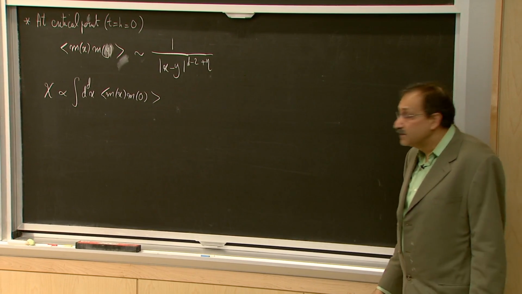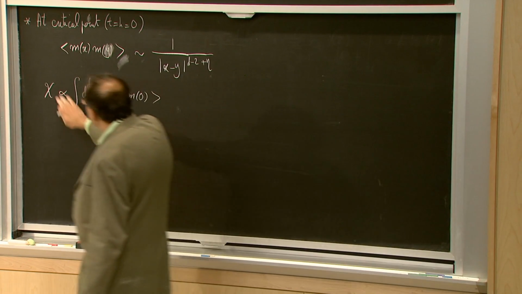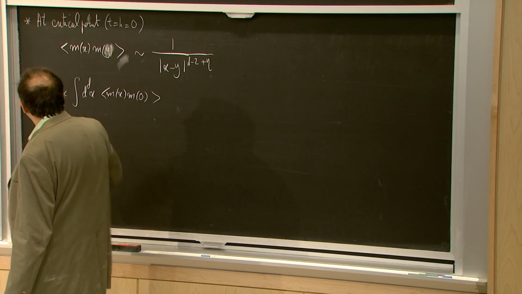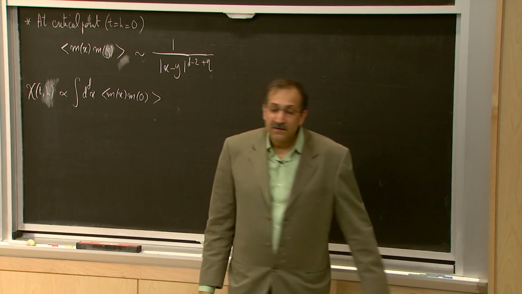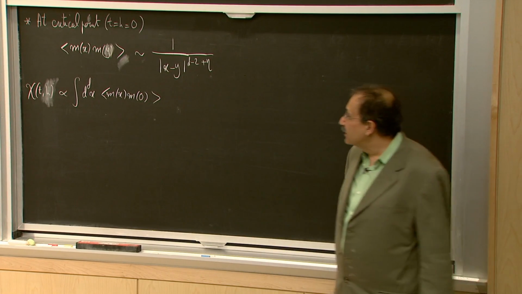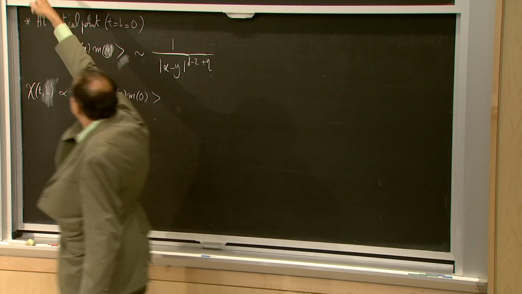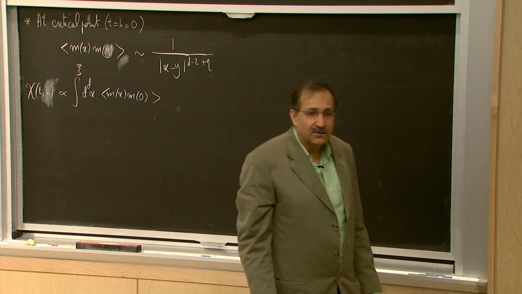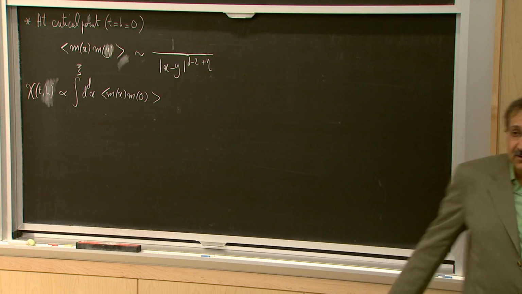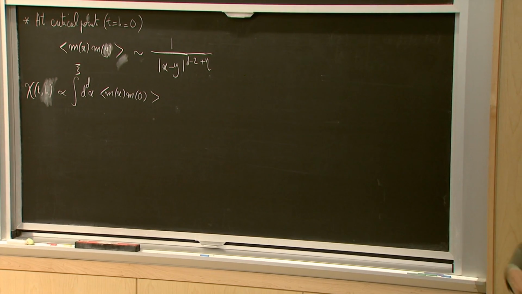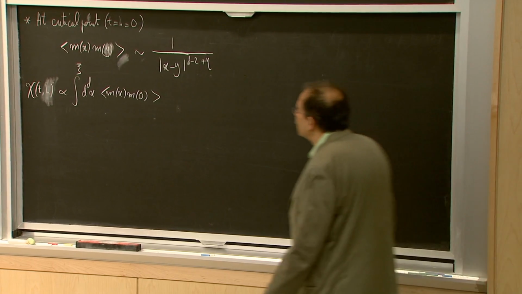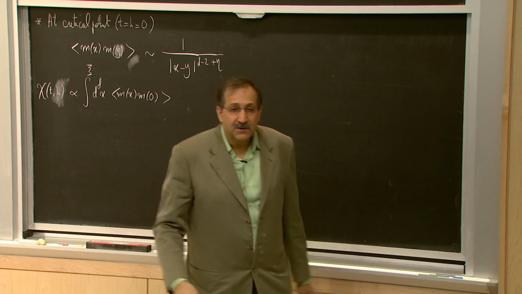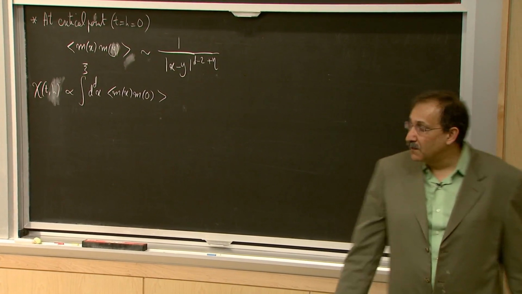But if I'm away from the critical point, then I will use this formula, but only up to the correlation length. Beyond the correlation length, the correlations will decay exponentially. That's too rapid a fall off. And essentially, the only part that is contributing is what was happening at the critical point.